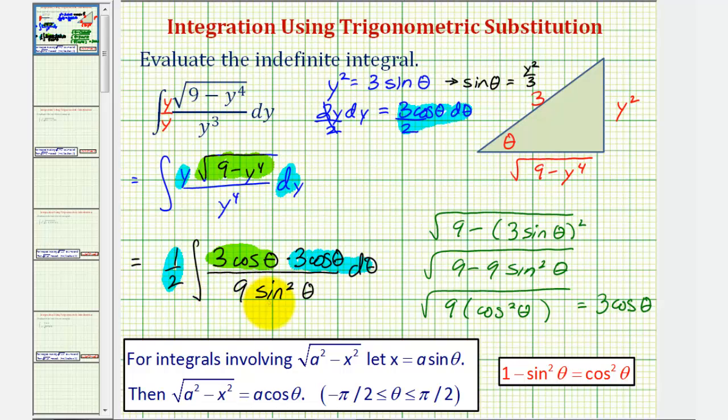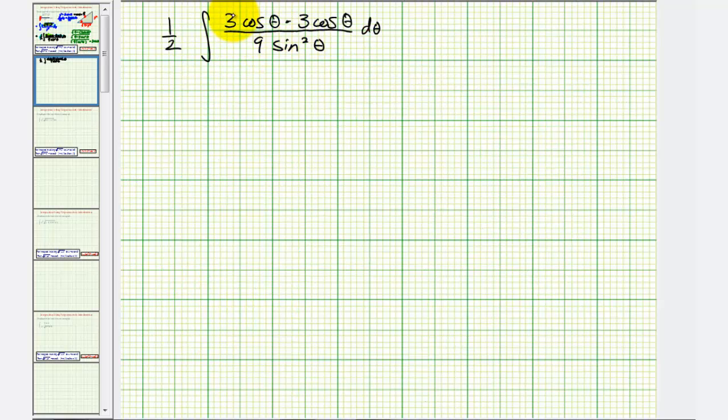Now let's simplify and find our antiderivative on the next slide. Notice how here, these 3's simplify with the 9. So this gives us 1/2 times the integral of, we'd have cosine squared theta divided by sine squared theta.